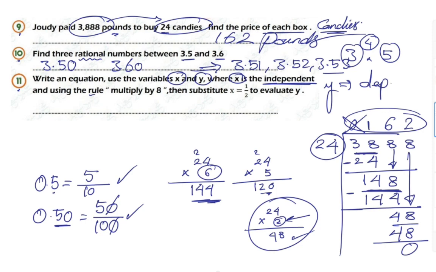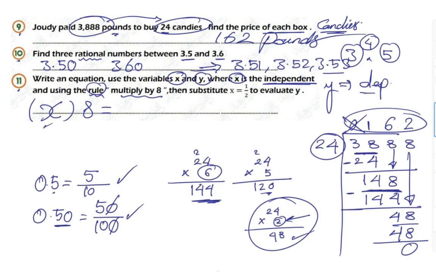And using the rule, equation, multiply by 8. Just it? Yes. What multiplied by 8? I need something to multiply 8 by. Of course, it's x. Multiplied by 8, okay, equals what? I need the rule or equation equals the dependent. So x is the independent and I use it.